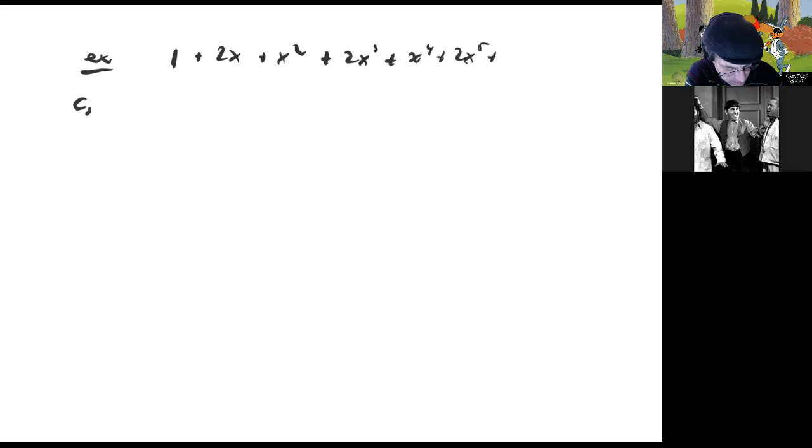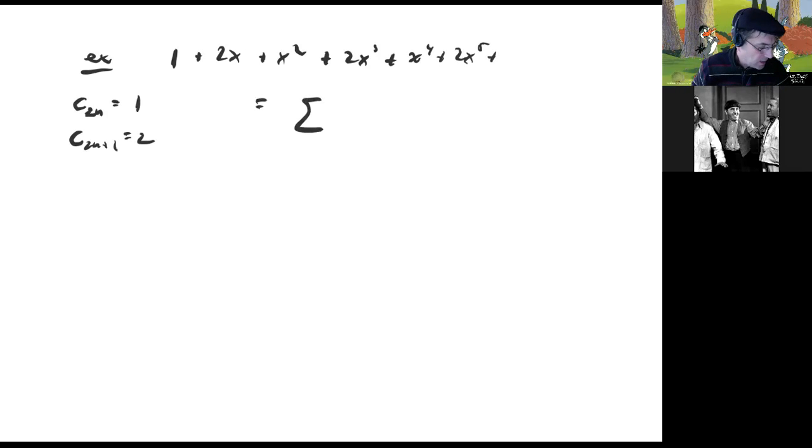So C2n is equal to 1, and C2n plus 1 is equal to 2. So the odd power terms have coefficient 2. This is the same thing as the summation of Cn x to the n, where Cn is given by the values I'm circling now.